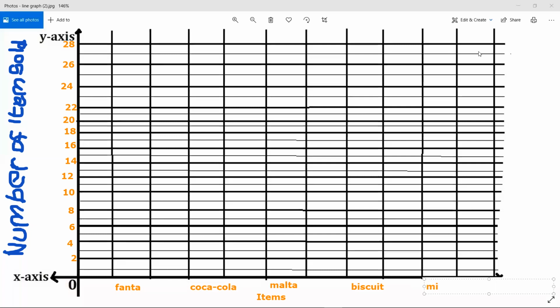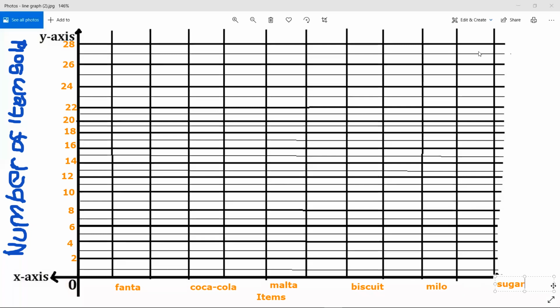Add the milk here. That's it. And the next one was sugar.